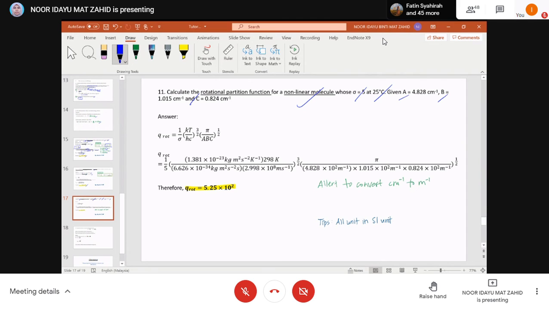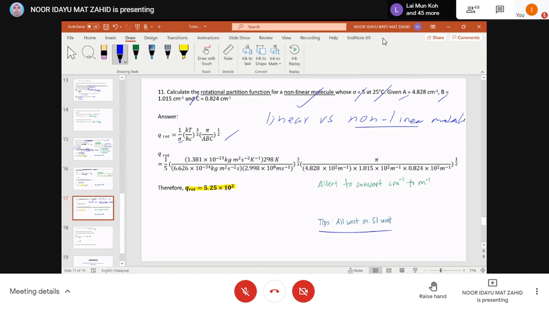For rotational mode of motion and rotational partition function, note that it has different equations for linear and non-linear molecules. Okay, so for this question, we are solving for a non-linear molecule. This is how the equation looks like for the rotational partition function of a non-linear molecule. So you need info on sigma, k, T, h, c, and the rotational constant.